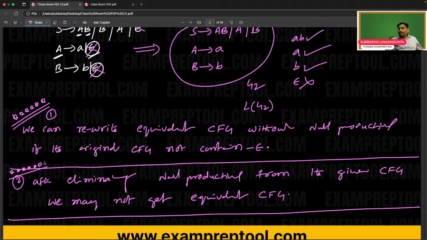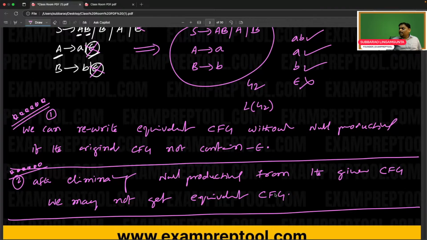After eliminating null productions from the given CFG, we may not get an equivalent CFG. It is very simple, no need to confuse. Before conversion in the given grammar, epsilon is there. After conversion, there is no epsilon.